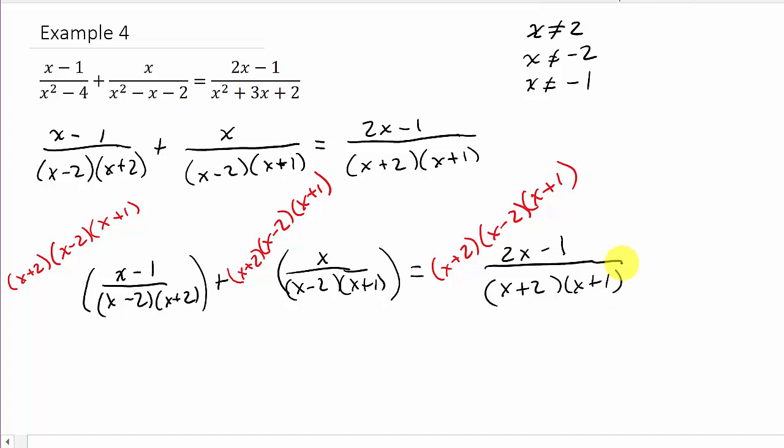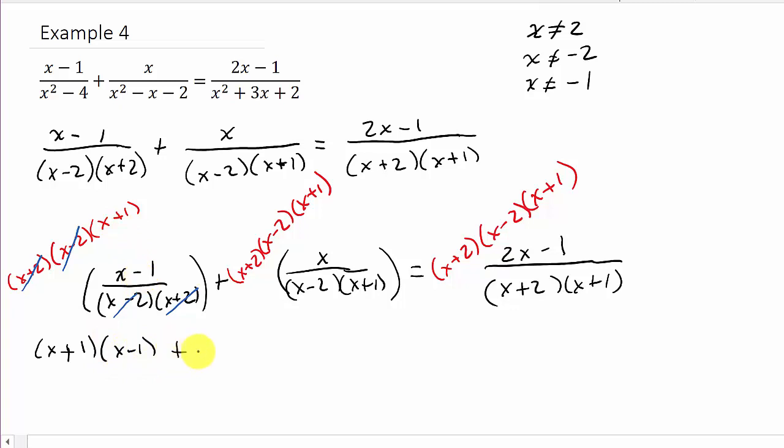Alright, so now I've got the common denominator multiplied to each term. You can see here the x minus 1's cancel and the x plus 2's cancel, and I'm left with x plus 1 times x minus 1.